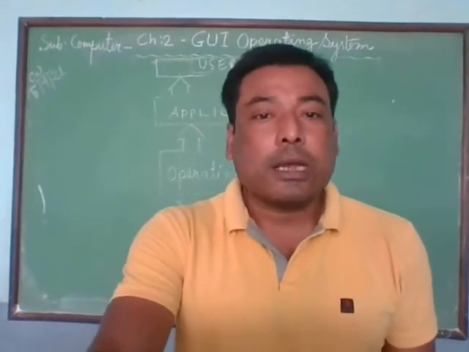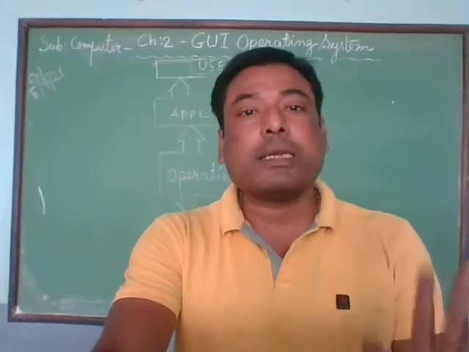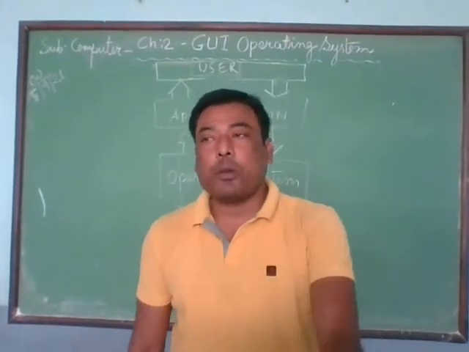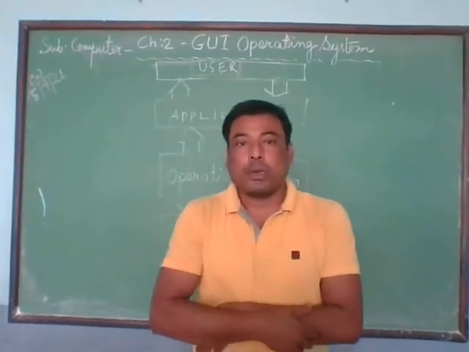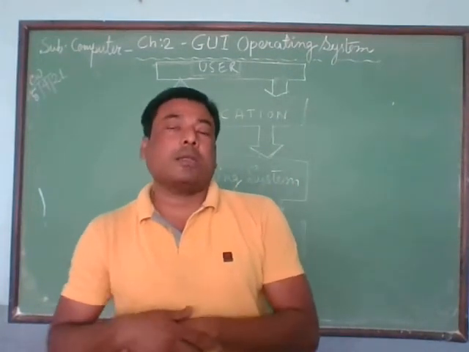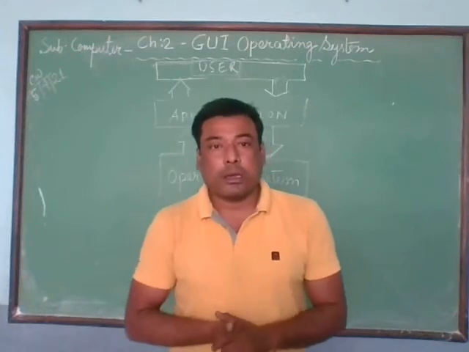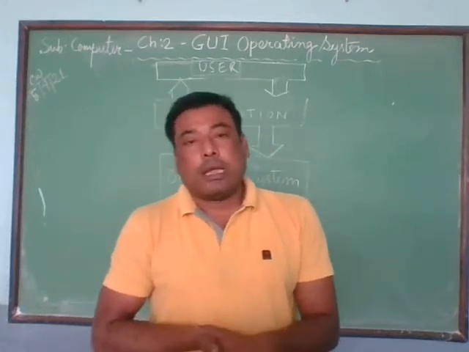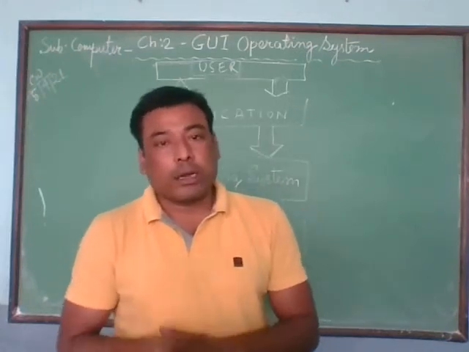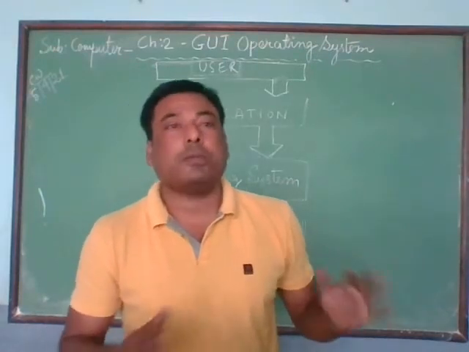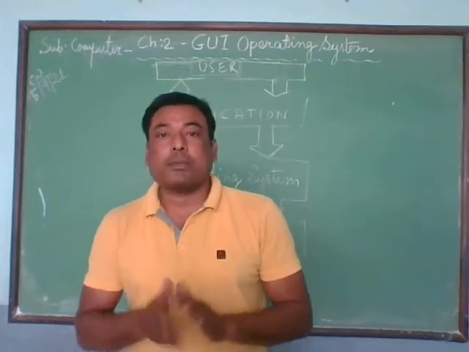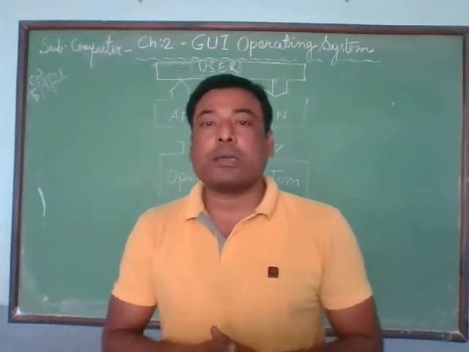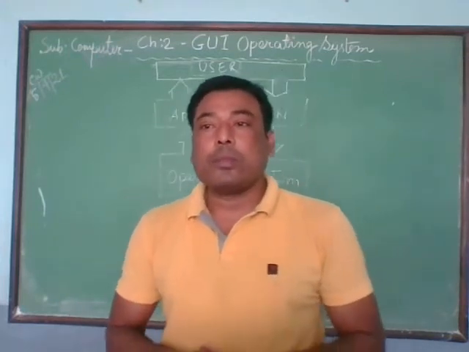So next, how many types of operating system are there? Two types: one is multi-user, another is single user. What is multi-user? Multi means more than one. It may be two, three, four, or 10. In a multi-user operating system, multiple users access the computer system at a time.